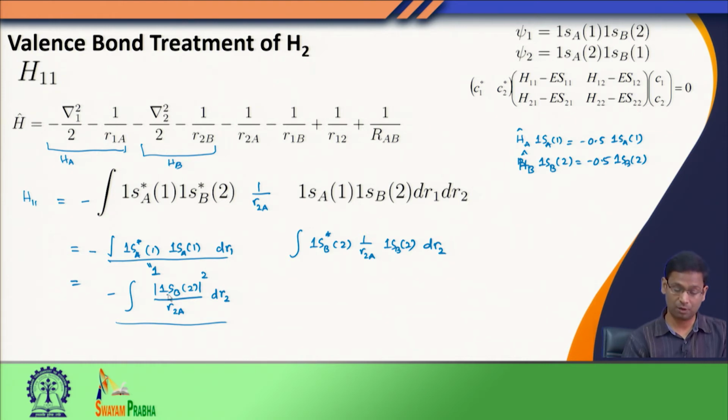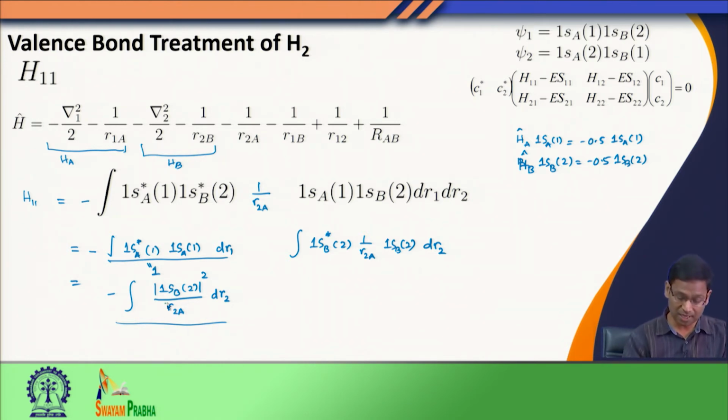Now, if we look carefully at this term, what does it say? When I have the mod square of 1s_b(2), this is the probability density corresponding to electron number 2 when it is with nucleus B. So this term, together with the negative sign, tells us the electron density distribution corresponding to electron number 2.